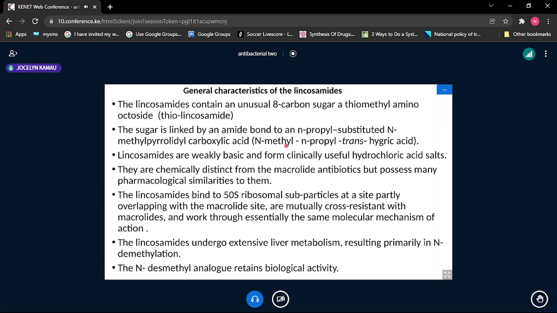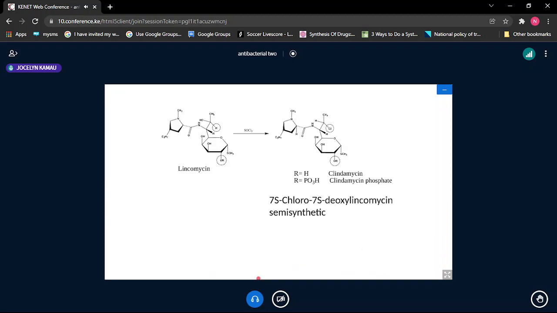All in very short, it's also called N-methyl, the capital N and the small n to show that it's an aliphatic acid. Trans, what I had told you, is also called hydric acid. So that molecule, which we also call substituted N-methyl pyrrolidyl carboxylic acid, is also known as N-methyl N-propyl trans hydric acid. Trans, I believe it's because of this carboxylic acid.